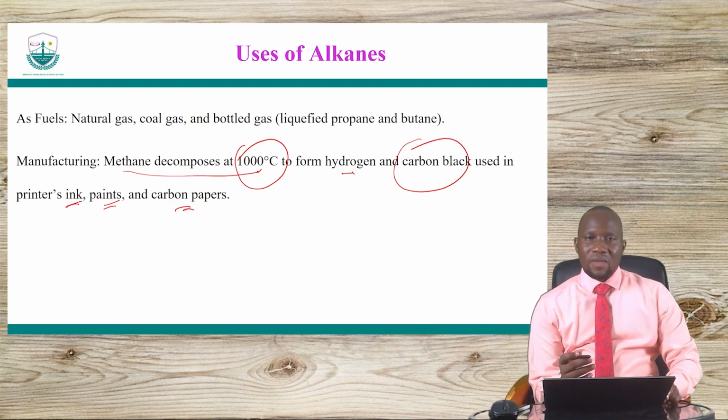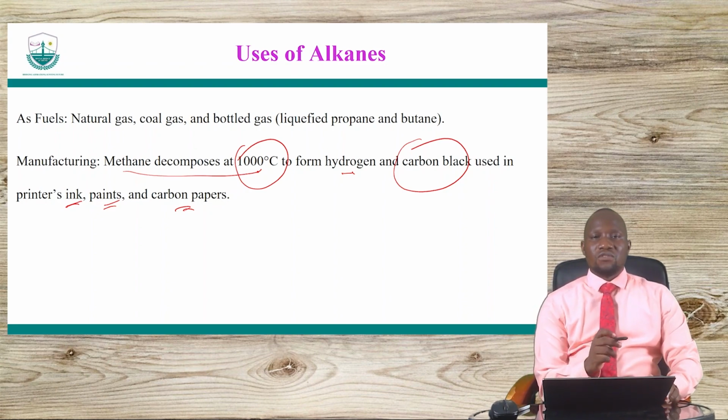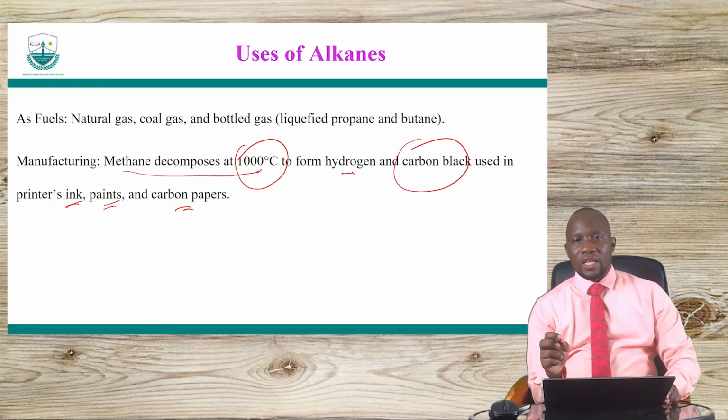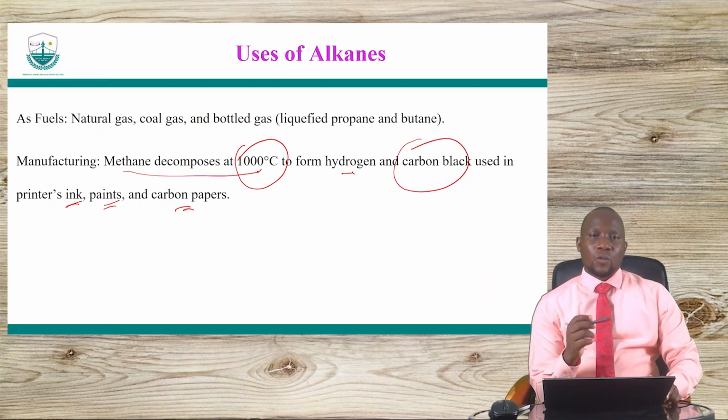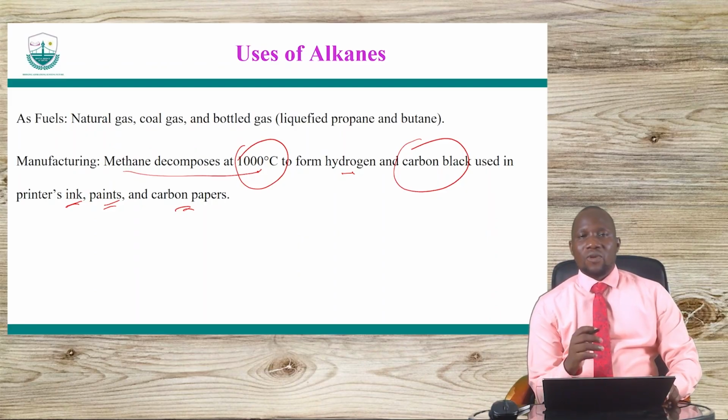Okay, the naming can depend on if we have a long chain, and also the naming can depend on whether we have some branching. If we have some branching, we need to indicate the position of that branch, what has branched, and how many branches are there. So that's when we put the position of the carbon atom from which the branching has happened.